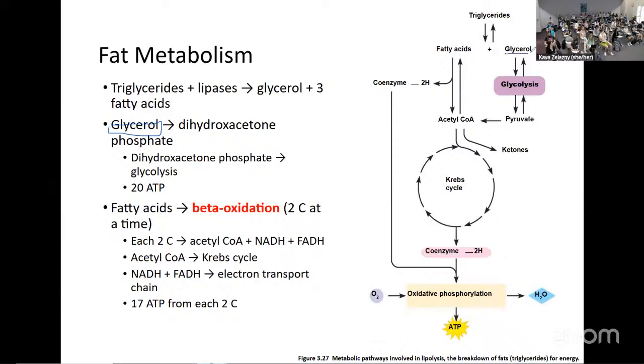So glycerol can go into glycolysis. As it goes through glycolysis, it works a little differently than a normal glucose molecule would, but by the end of the process, as they go from glycolysis into the Krebs cycle into oxidative phosphorylation, you'll get about 20 ATP molecules per glycerol.